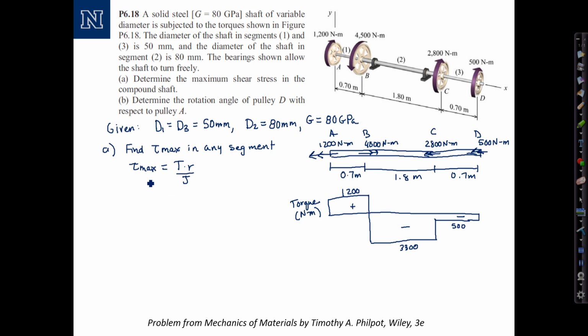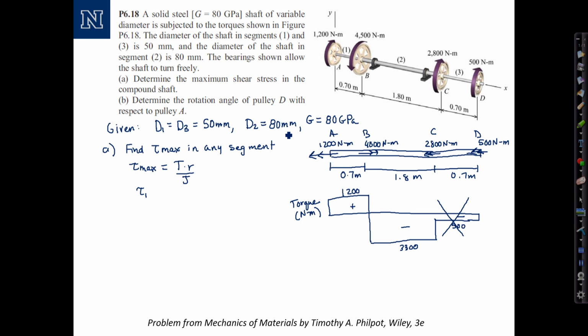I want the maximum shear stress in any segment. Looking at my torque diagram and my diameters, D1 and D3 are the same, so I know the stress in segment 1 is going to be larger than the stress in segment 3. I don't need to evaluate segment 3. I'm going to evaluate tau in segment 1 for sure, and in segment 2 the torque is larger.